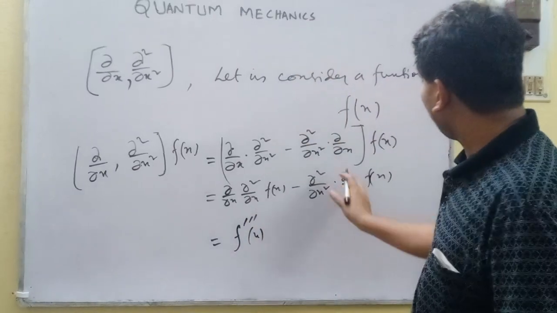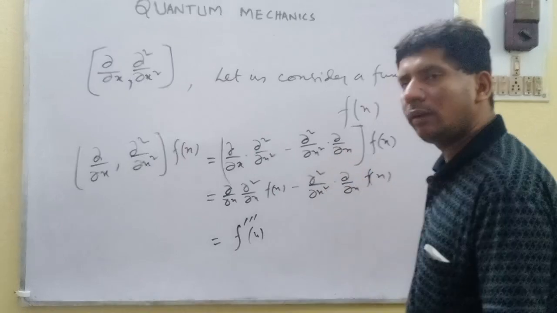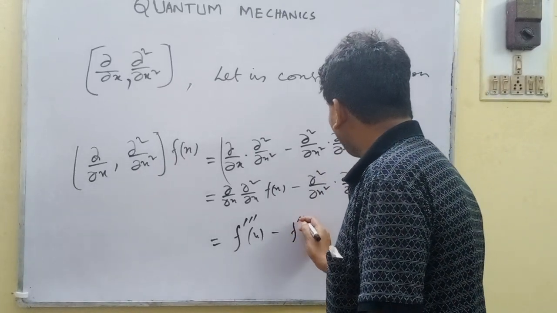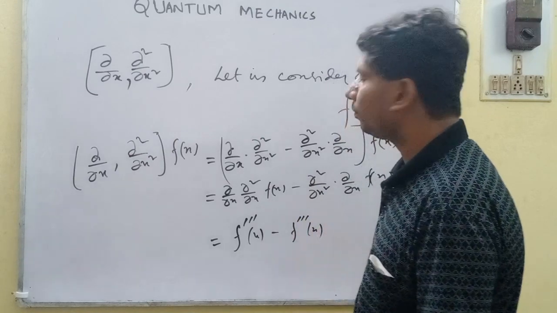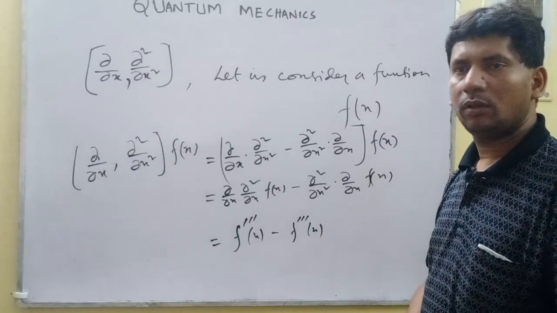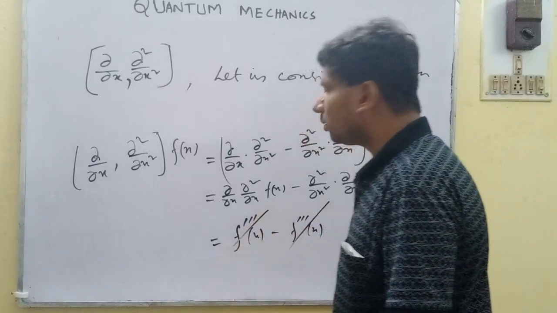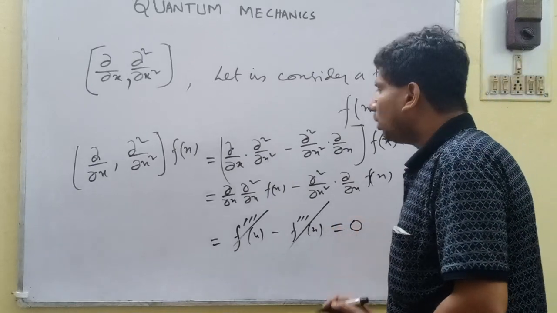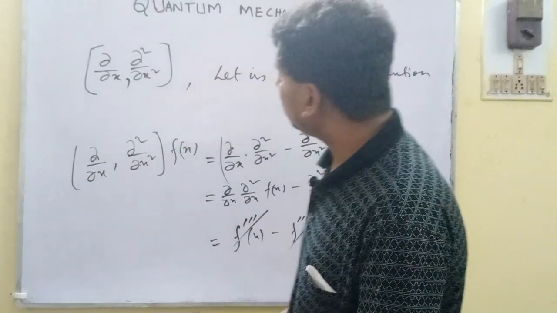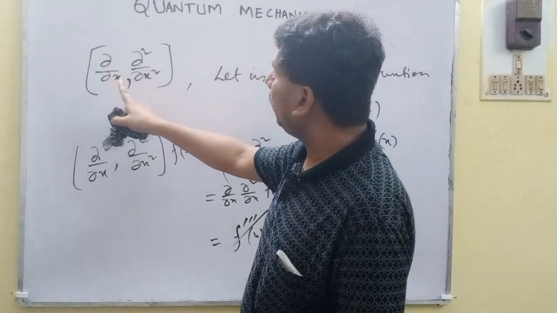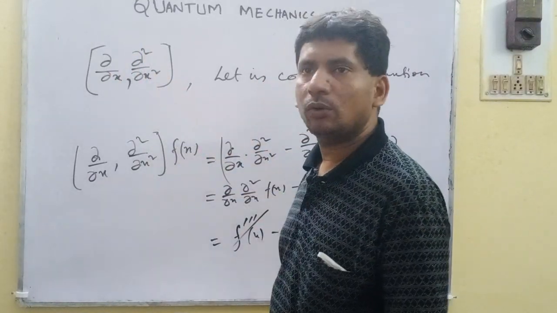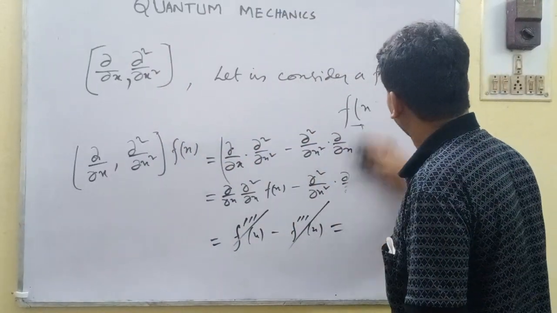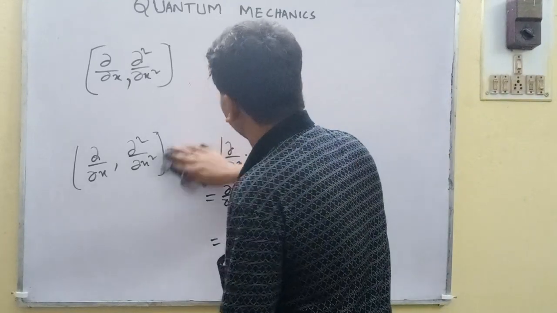Here also it is first derivative, second derivative, so it is minus also f triple dash of x, just derivative. So this will cancel out, then it is equal to 0. Hence we can say del x and del 2 by del x 2, these two operators are commutator operators.